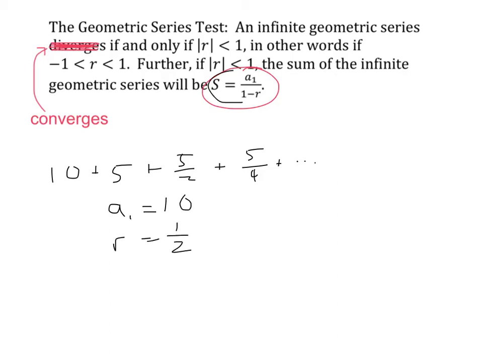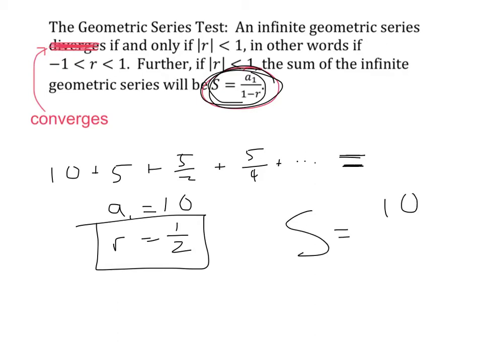So according to this formula up here, first of all, by the geometric series test, this does converge. It will equal something because my common ratio is less than 1. But we can actually find out what it is equal to by using this formula. The infinite sum will be 10 over 1 minus 1/2. That's 10 over 1/2, which is 20.